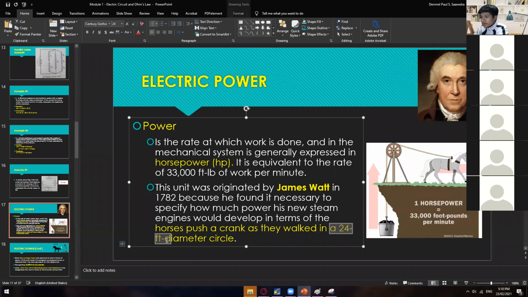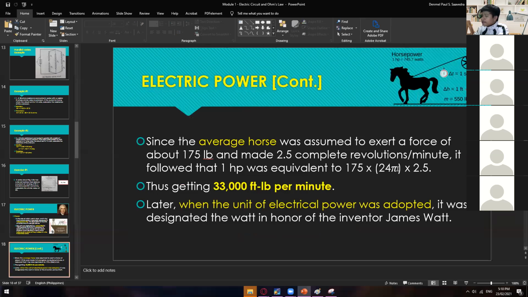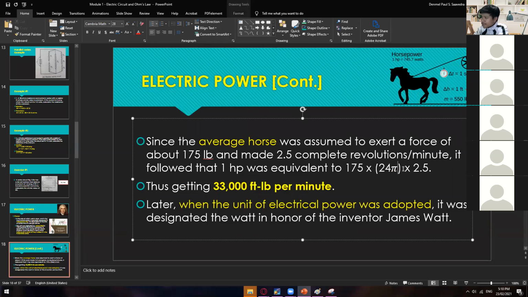You multiply to get the circumference times 2.5, which is the revolutions per minute. From there, he was able to solve for 33,000 foot-pounds per minute.